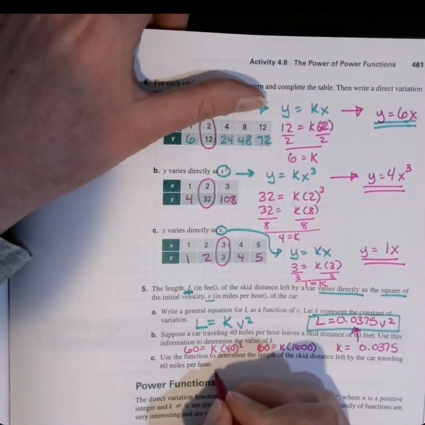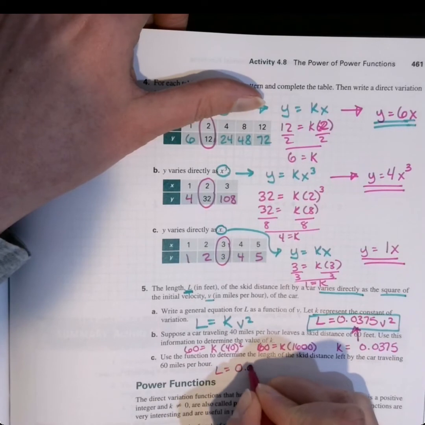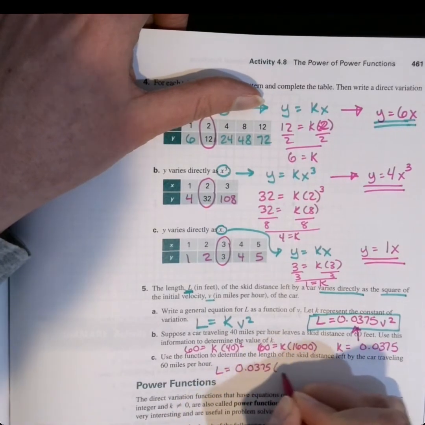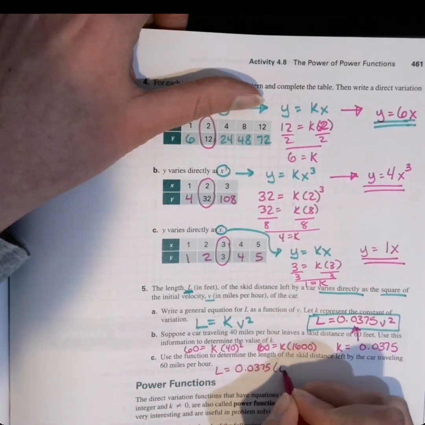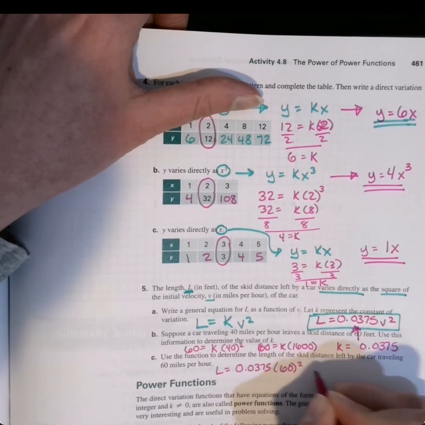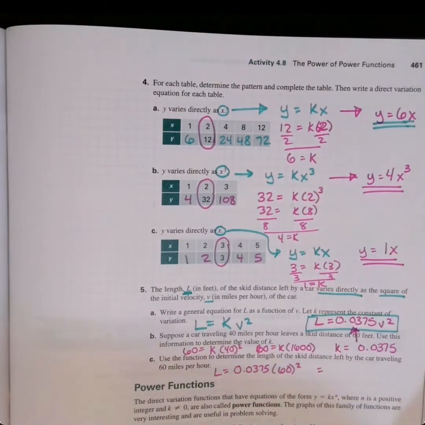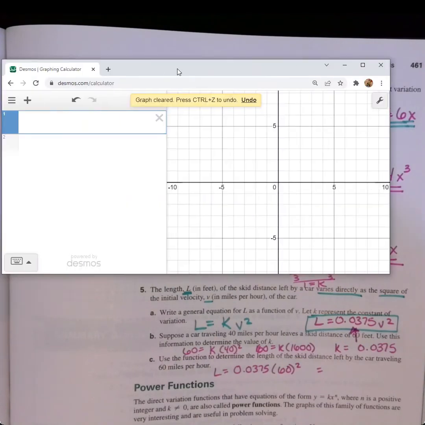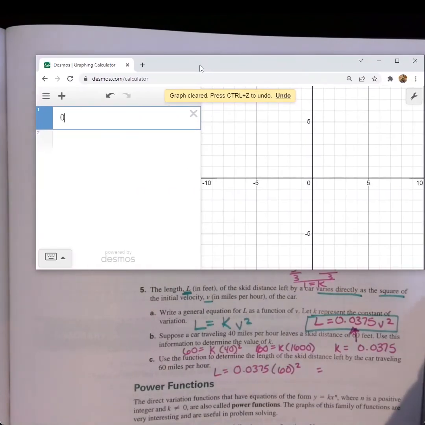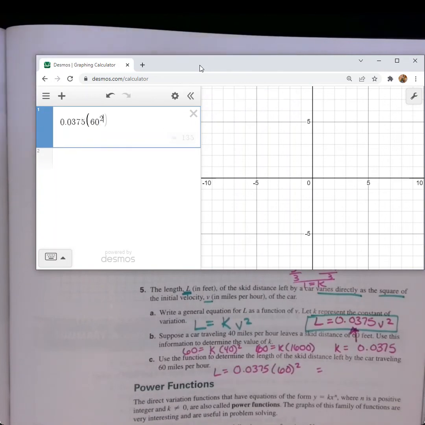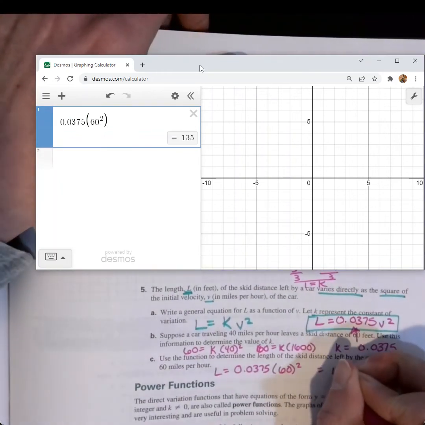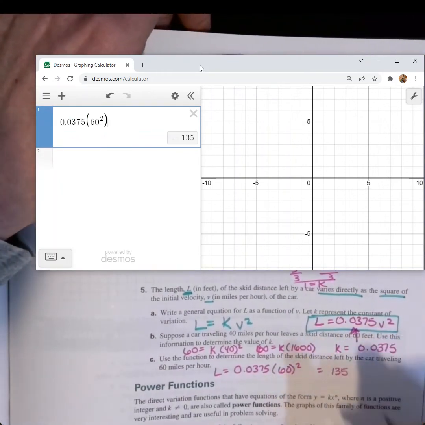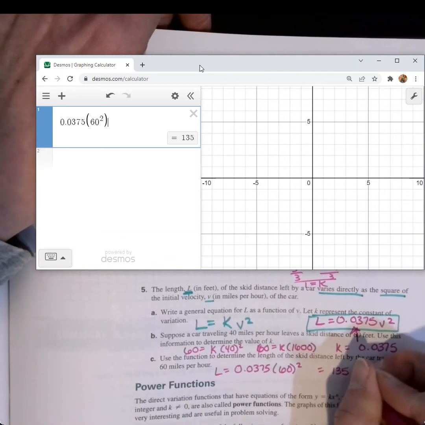So we have L equals 0.0375 times v, the 60 is our velocity or our speed, 60 squared. And so if I type that in, I will have 0.0375 times 60 squared gives me 135. And then I believe that was in feet of skid distance.